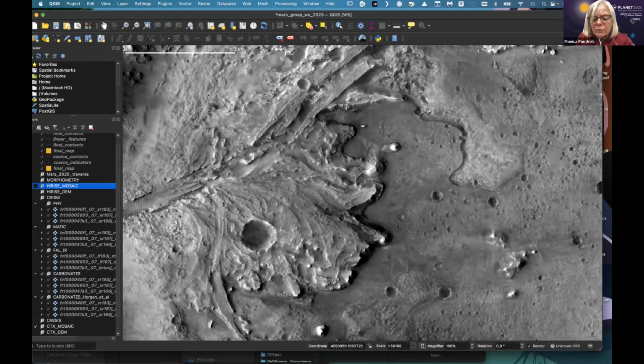You can, if you want, fix the scale 1 to 50,000 or 1 to 75,000, so you will not be forced or invited to change scale and lose the consistency of your map. This is a possibility, but I found it very risky, so I would stay on the CTX scale.